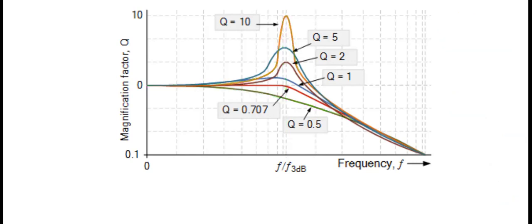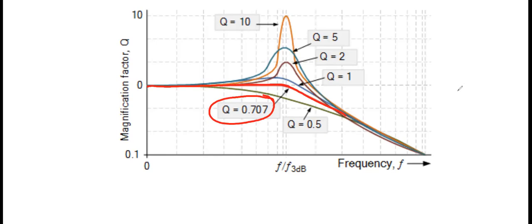Now, what is our target in the case of a Butterworth filter? As you know, this is a maximally flat filter. We are looking for this kind of flat expression, which is only possible when Q equals 0.707.